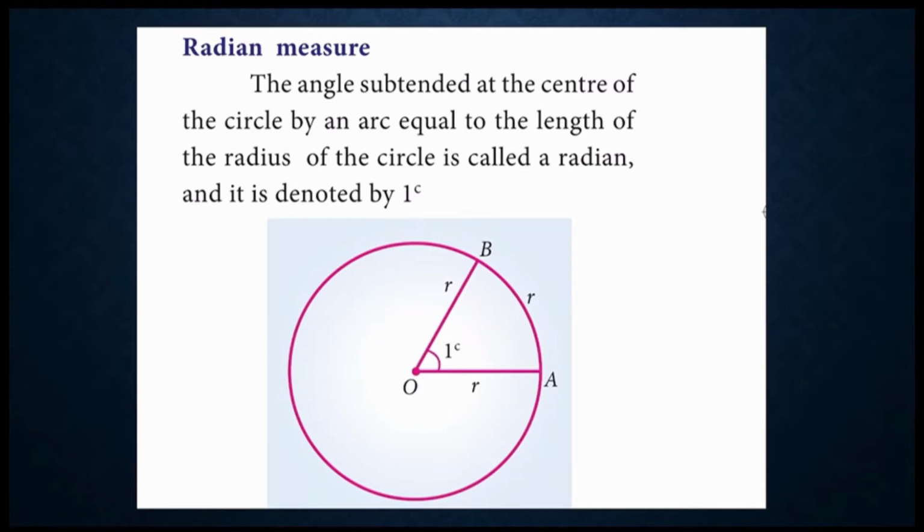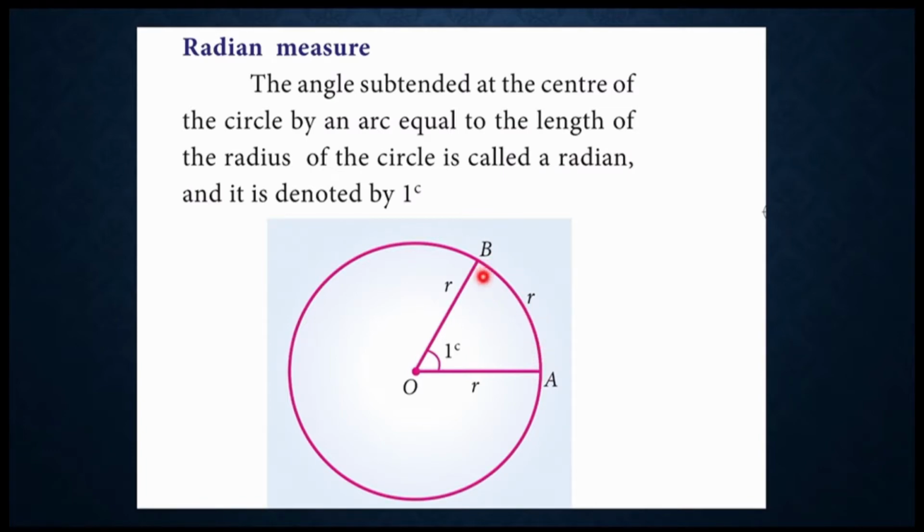What is a radian? So, look at the diagram. Here the radius of the circle is r, as well as here also it is r, isn't it, the radius of the circle. Now, you take an arc or the part of a circumference which has the length r.